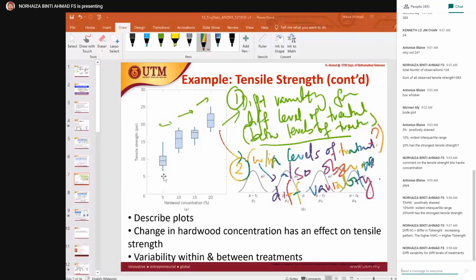So we can also observe that even when you apply the same percentage of hardwood concentration, you can also see variability.